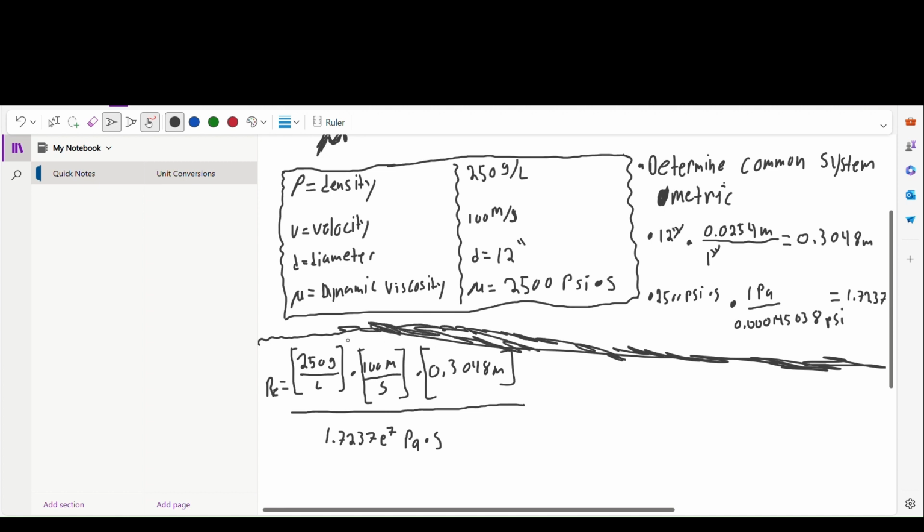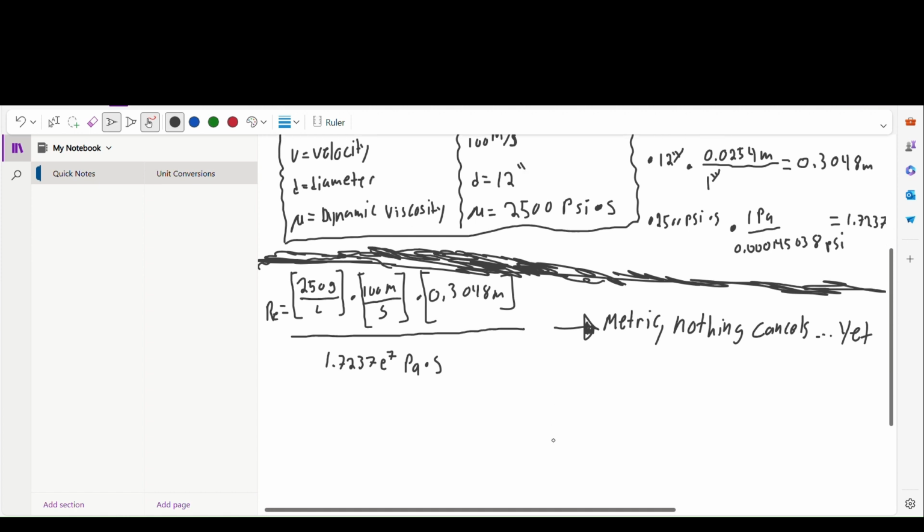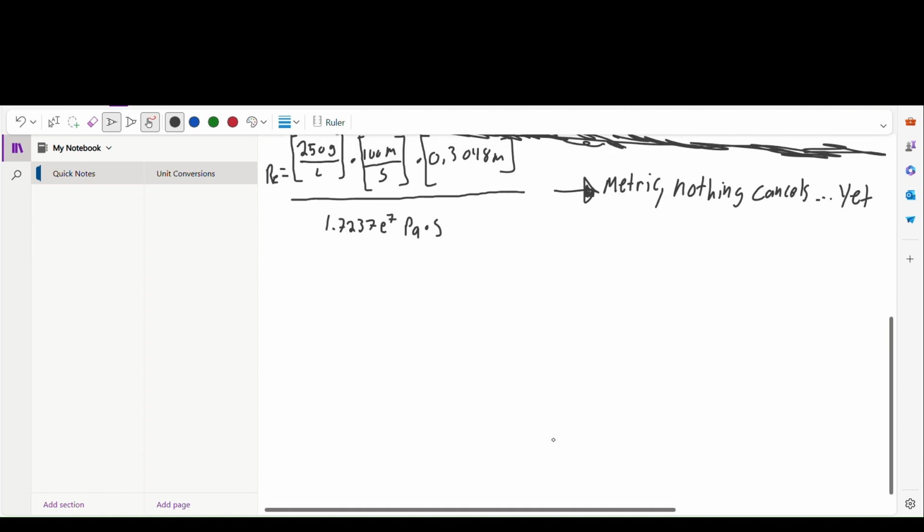So separate everything we did up top, and just look at what we have right here. Every bit of this is metric. However, nothing cancels yet. So you will have to do even more unit manipulation with this.